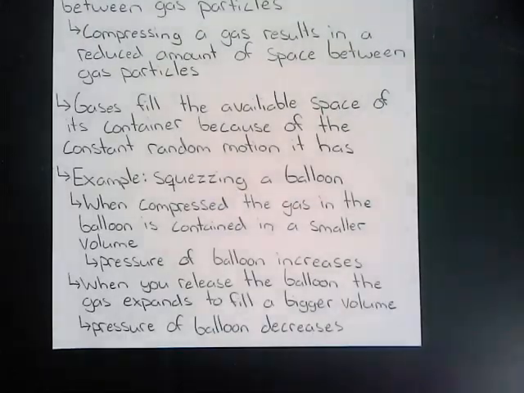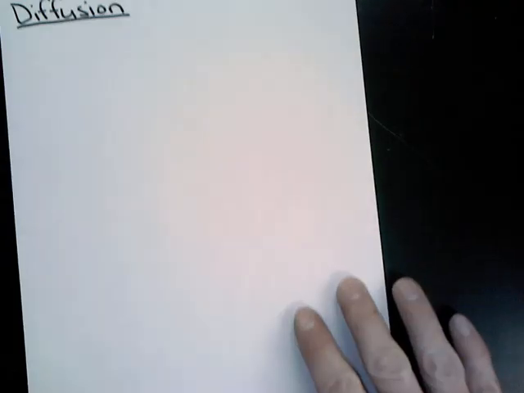So now we're going to shift gears and talk about another unique property of a gas, and that is diffusion. Okay, so diffusion is defined as the movement of one material through another.